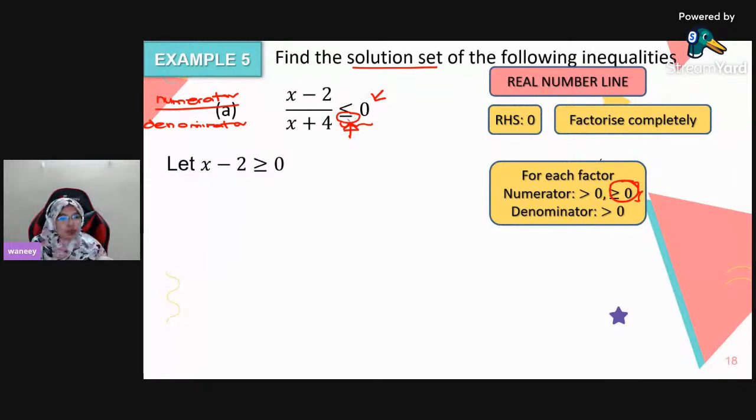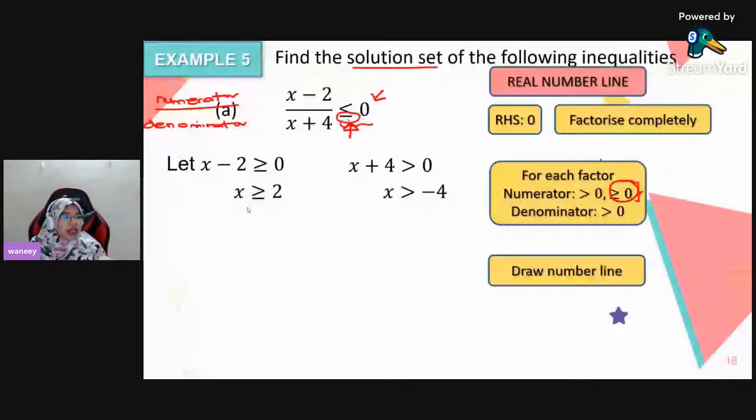So saya akan ambil greater than or equal to 0. And then for denominator, I simply choose x plus 4 greater than 0 without the equal sign because that is at my denominator. So always greater than 0. Solving them, you are going to get x greater than or equal to 2, x greater than negative 4.